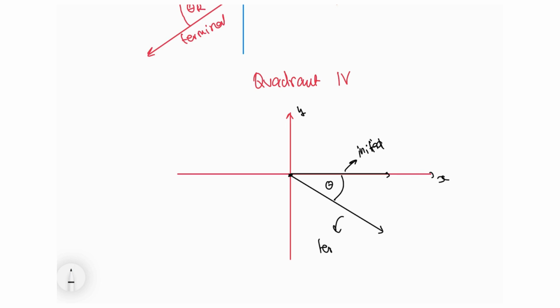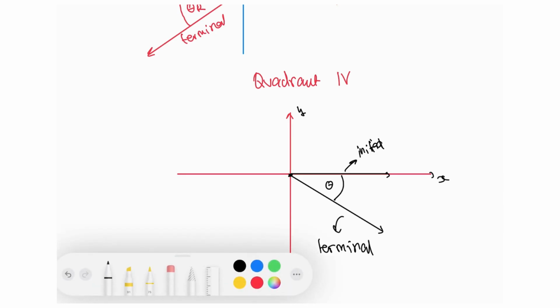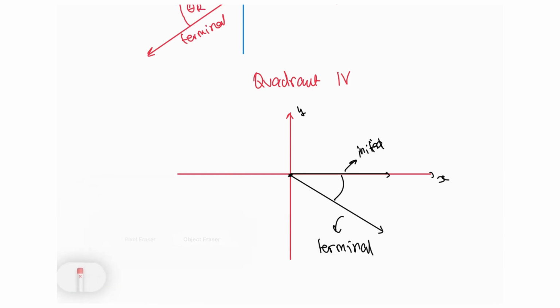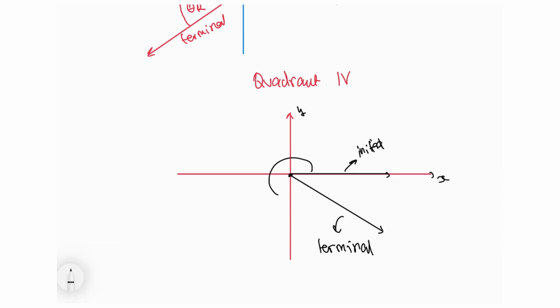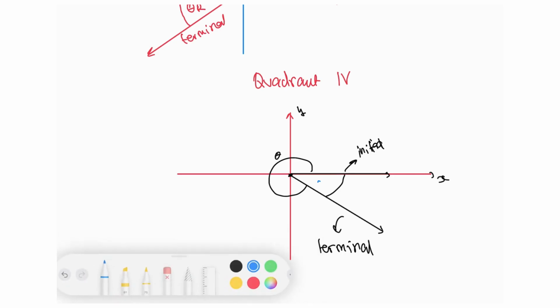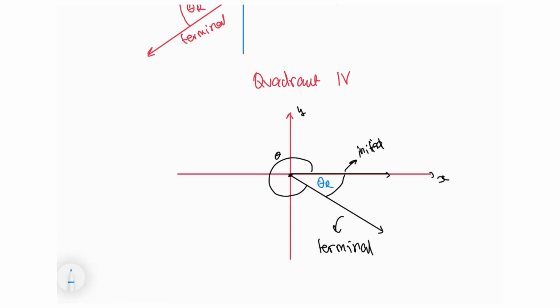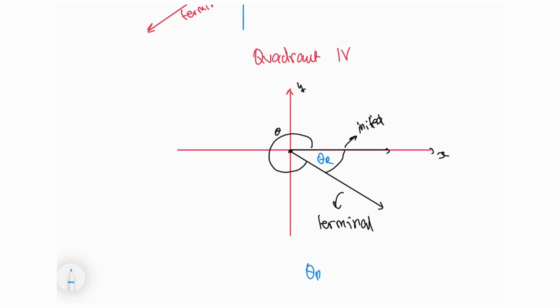This is terminal. Sorry, my bad here. This is not theta, that is theta r. Theta is this, this whole is theta. And theta r is here. In this case, theta r is 360 minus theta.